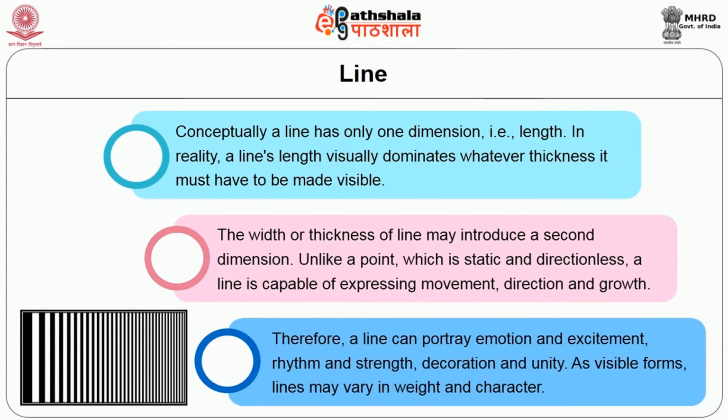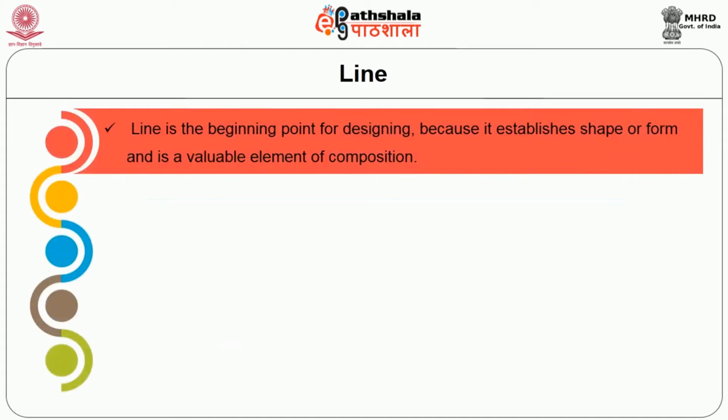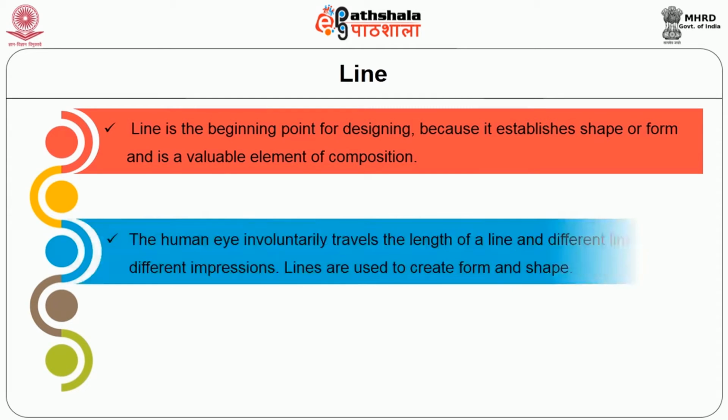Therefore, a line can portray decoration and unity. As visible forms, lines may vary in weight and character. Line is the beginning point for designing because it establishes shape or form and is a valuable element of composition. The human eye involuntarily travels through a length of line, and different lines give different impressions.